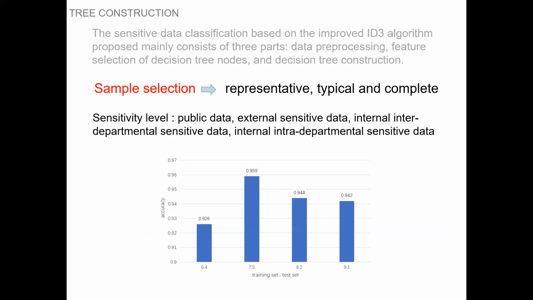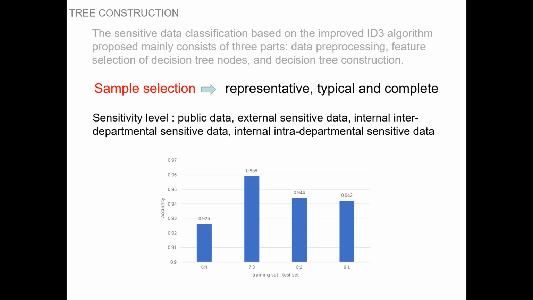The sensitive data classification based on the improved ID3 algorithm proposed mainly consists of 3 parts: data pre-processing, feature selection of decision tree nodes, and decision tree construction. Sample selection should be representative, typical, and complete. We classify sensitive data into 4 levels: public data, external sensitive data, internal interdepartmental sensitive data, and internal inter-department sensitive data.